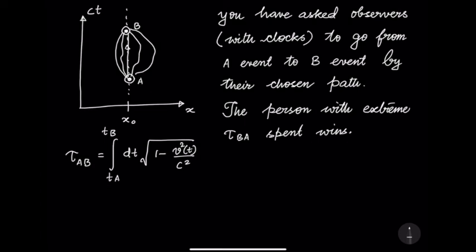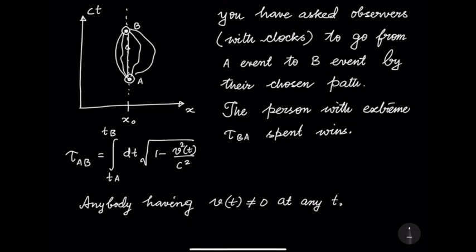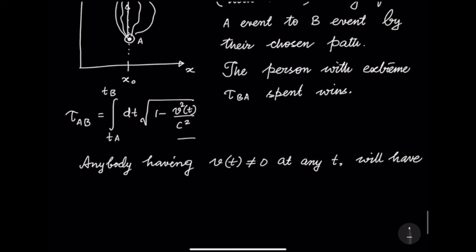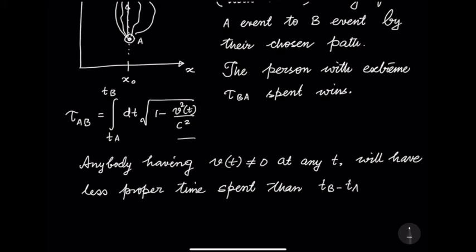Anybody who has certain velocity, having V(t) not equal to 0 at any t, will have, if that is true, then this term will take away something from 1, so less proper time spent than just TB minus TA, right?